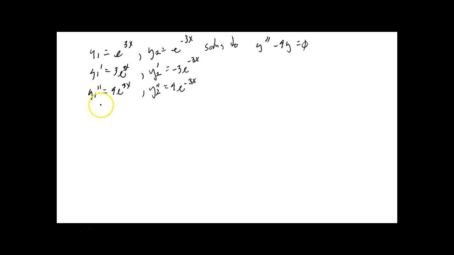If you plug y1 in, that would be 9e to the 3x minus 9 times e to the 3x, which is obviously 0. If you plug y2 in, you get 9e to the minus 3x minus 9 times e to the minus 3x, which is also 0. So both of those are solutions without a doubt, right?